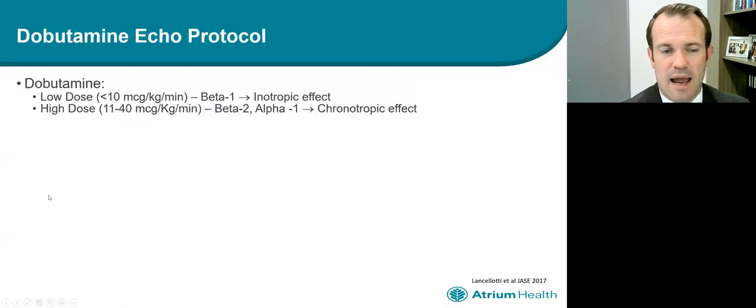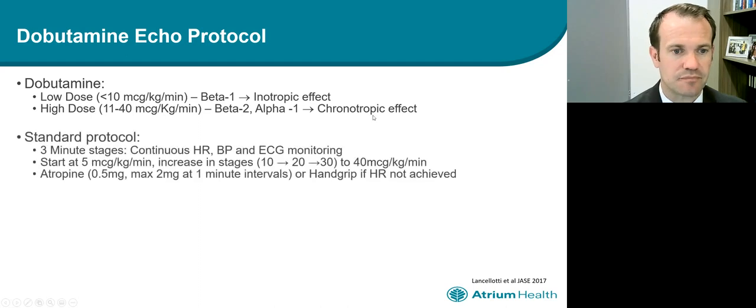For dobutamine, at low doses, less than 10 micrograms per kilogram per minute, we see this is primarily affecting the beta-1 adrenergic receptors, causing an inotropic effect. As we increase the dose of the dobutamine, we can have an additional beta-2 and alpha-1 effect, which is more of a chronotropic effect.